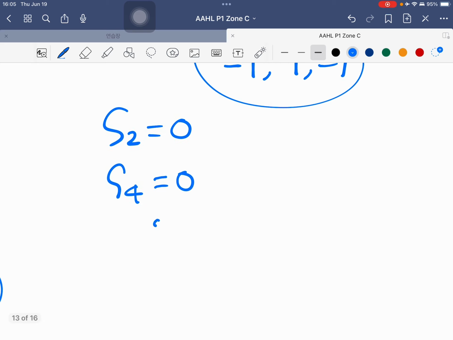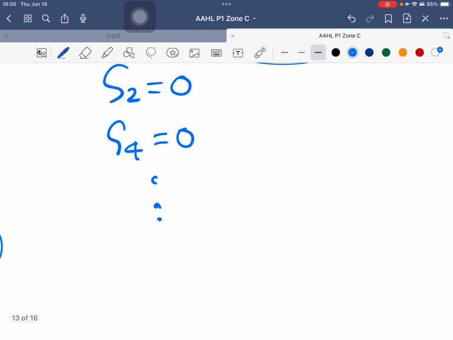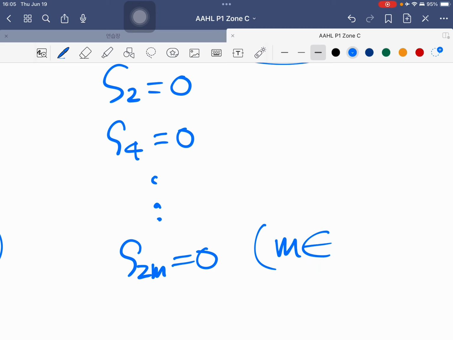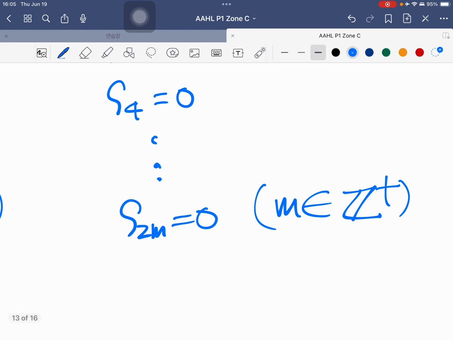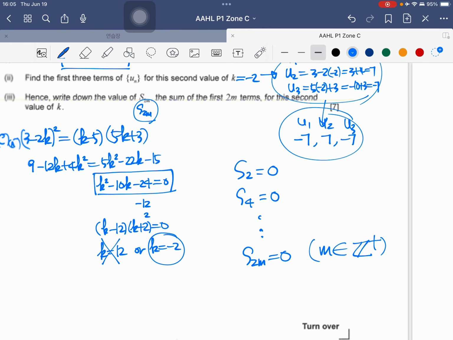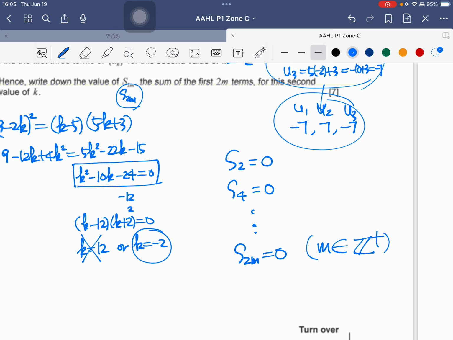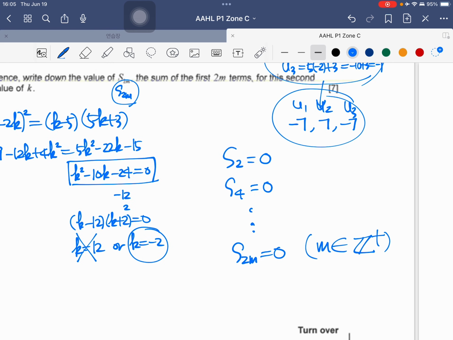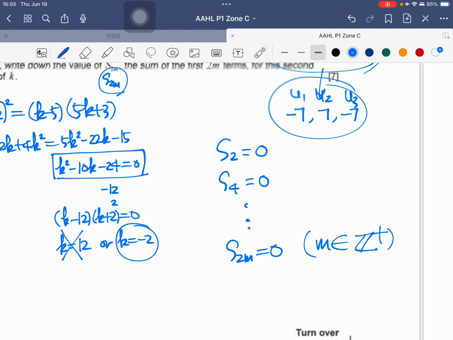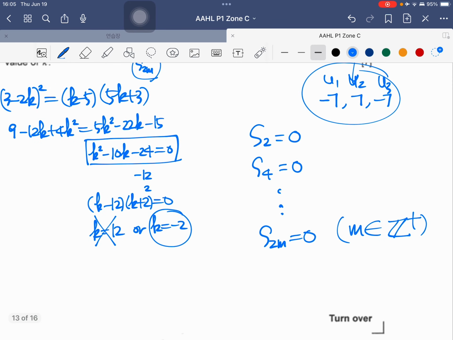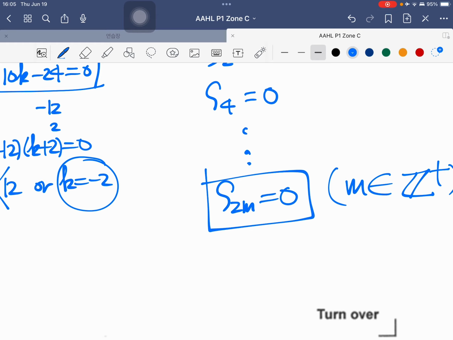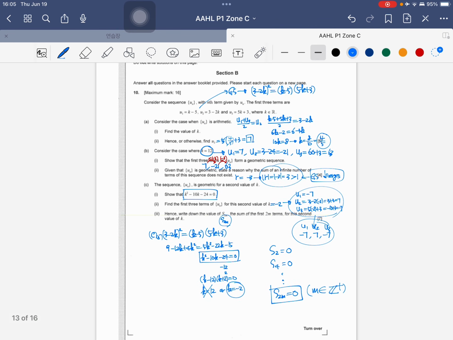In this way, S2m should be 0, where m is of course a positive integer. So the summation of this geometric sequence, with initial value of negative 7 and ratio negative 1, for an even number of terms is always 0, as you see. So this is the answer.